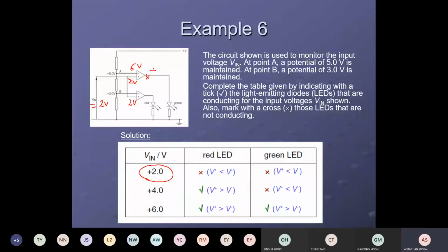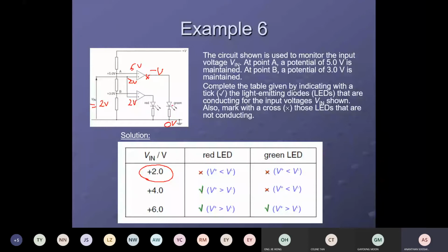So when the output is negative, the voltage down here is how much? A is 0 volt, the output is a negative volt. Current will flow up or down? Current will try to flow up. Current always flows from high potential to low potential.